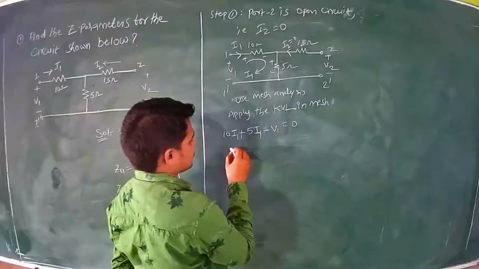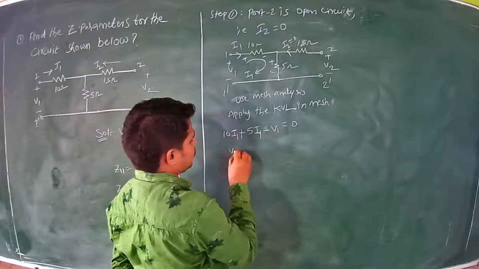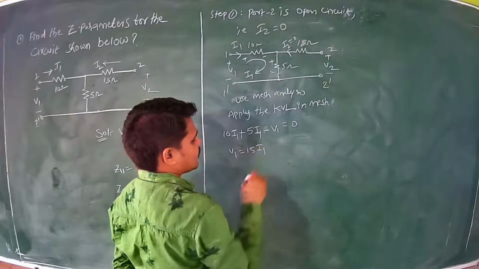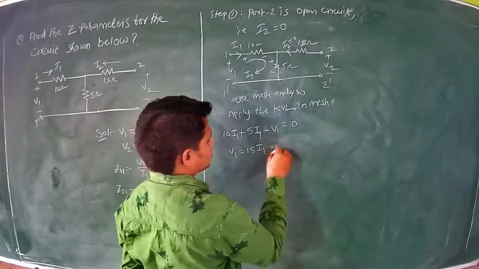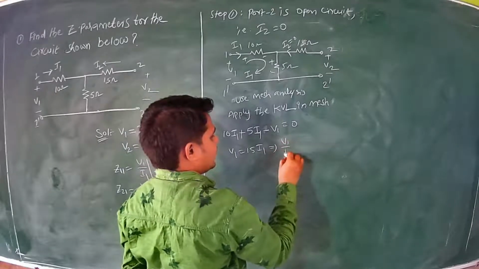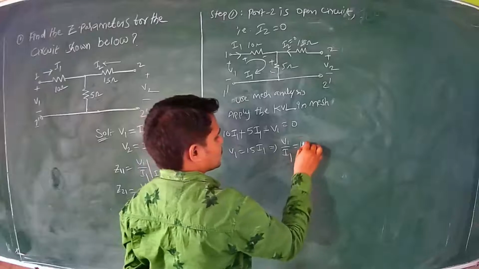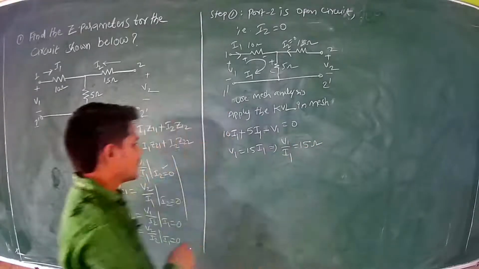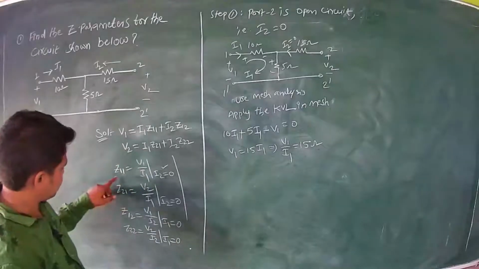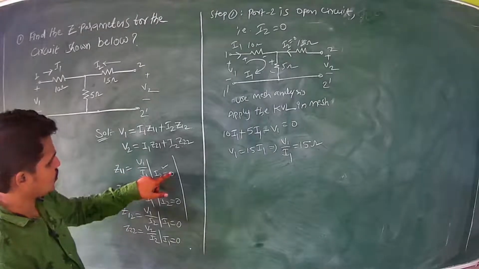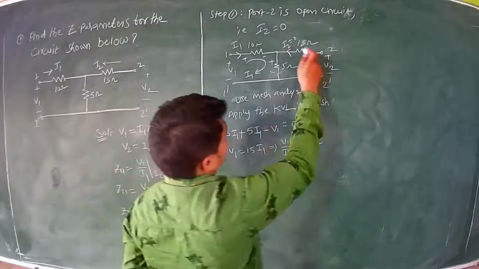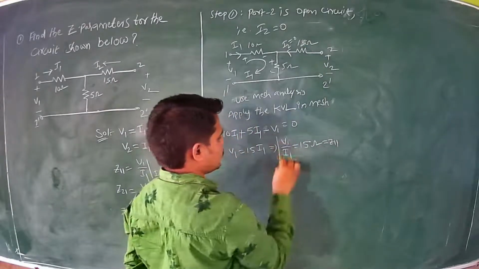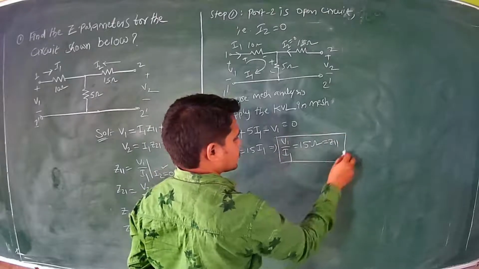So V1 equal to 10 plus 5, which is 15 I1. So V1 by I1 is 15 ohms. We know that V1 by I1 when I2 equal to 0 is Z11. Okay, Z11 we got it.